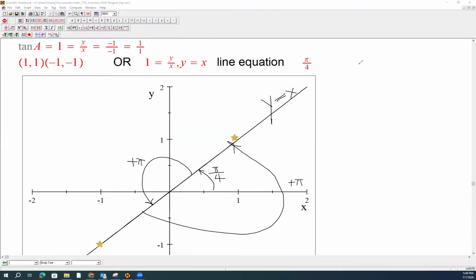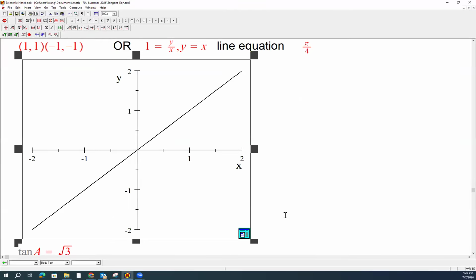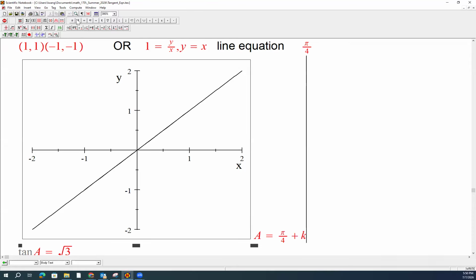So in this case, our solution, let me just clean this up. So you got it. Our solution would be theta equals pi over 4 plus k pi.